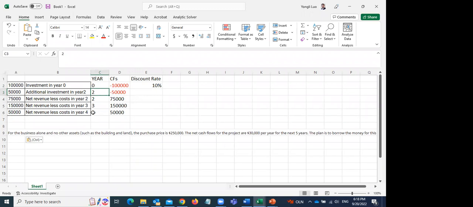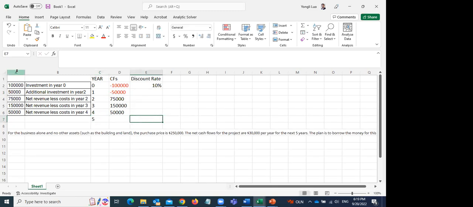For this project, it's going to be negative. They're talking about the next 5 years, so this is 0, and then 1, 2, 3, 4, 5.